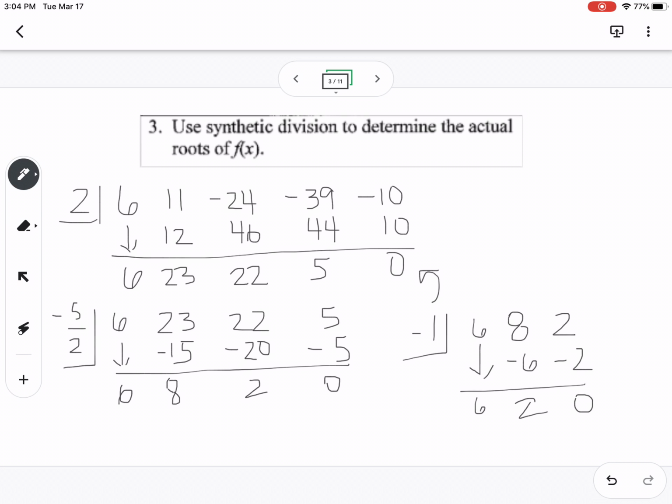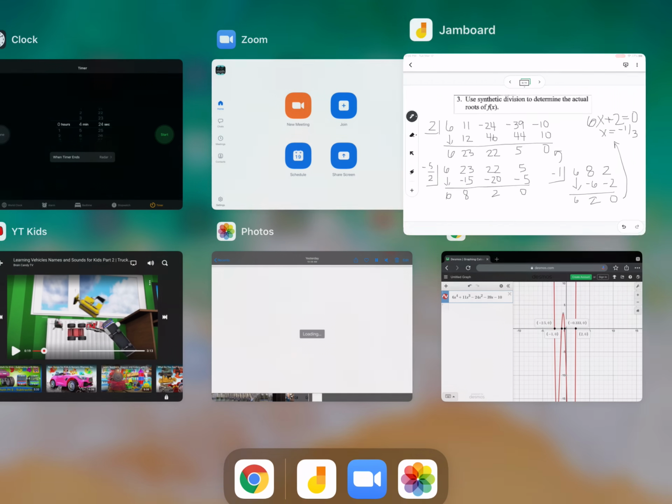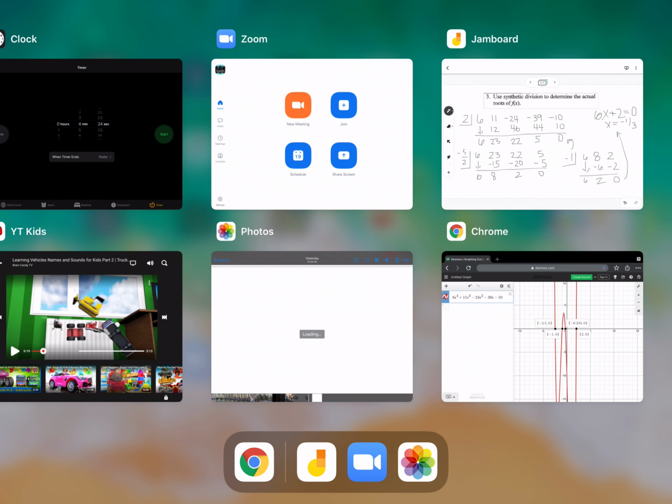So then that 6 and 2 is our 6x plus 2, so that's our last 0 because you saw it cross the x-axis 4 times, right? So subtract 2, divide by 6, we get x equals -1/3, which you saw from the graph.